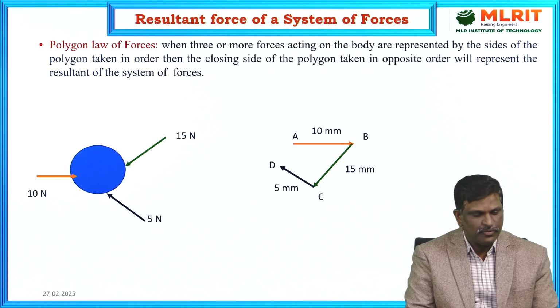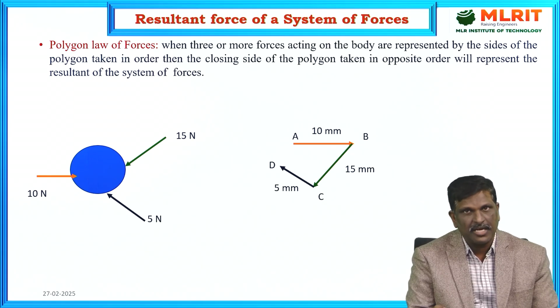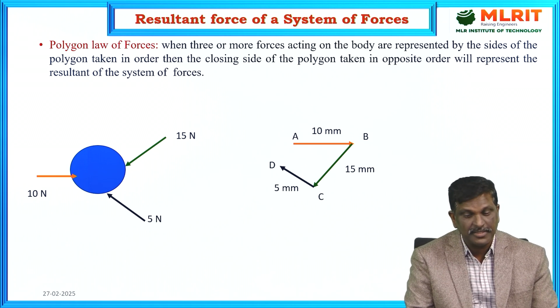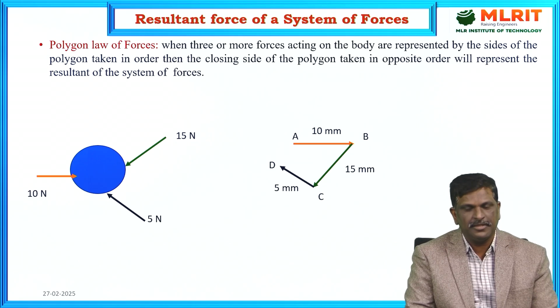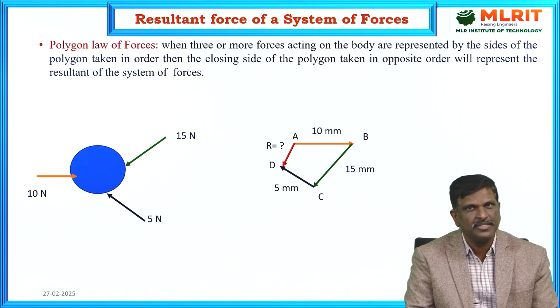Where the first force stops, the second force will exactly start from that location. Now these forces are taken in order and they represent the adjacent sides of the polygon. Now what is the resultant here? The closing side of the polygon in the opposite order gives us the resultant.